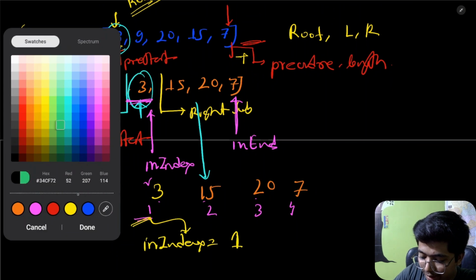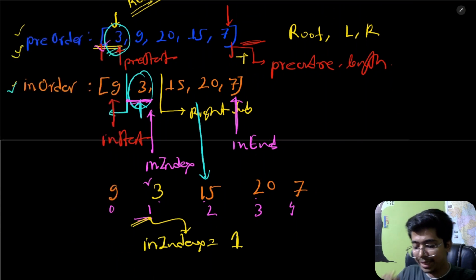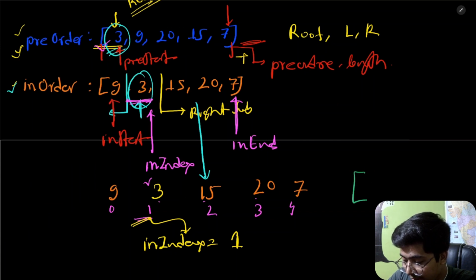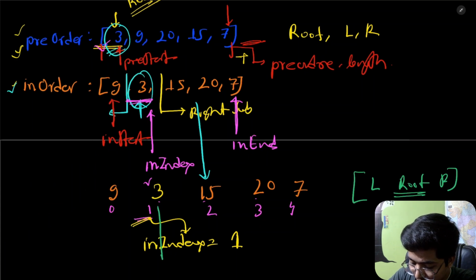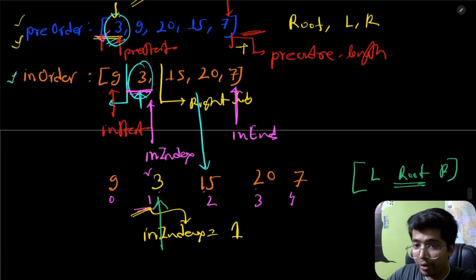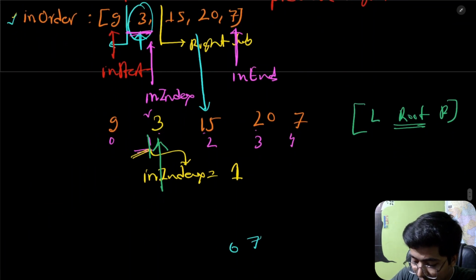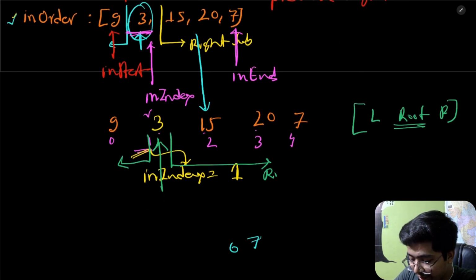Now notice one important thing from here. Once we get the in index, we get to know that this traversal order is left, then root, then right. That means we got the root. Now 3 is the root that exists here. So all the elements on its left side are the left tree, and all the elements on its right are the right tree.